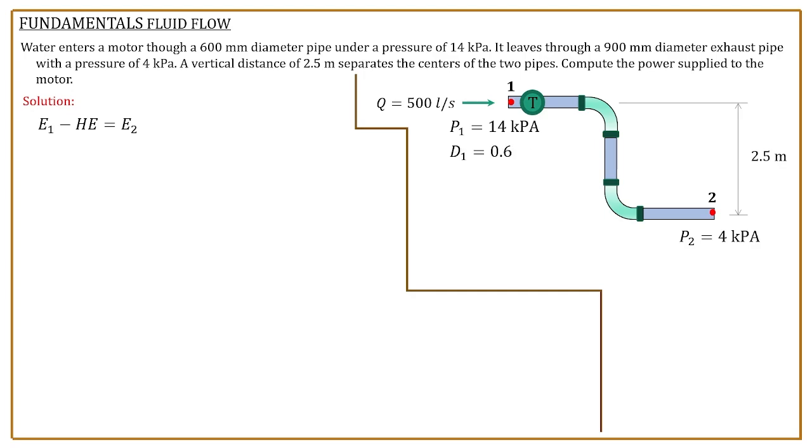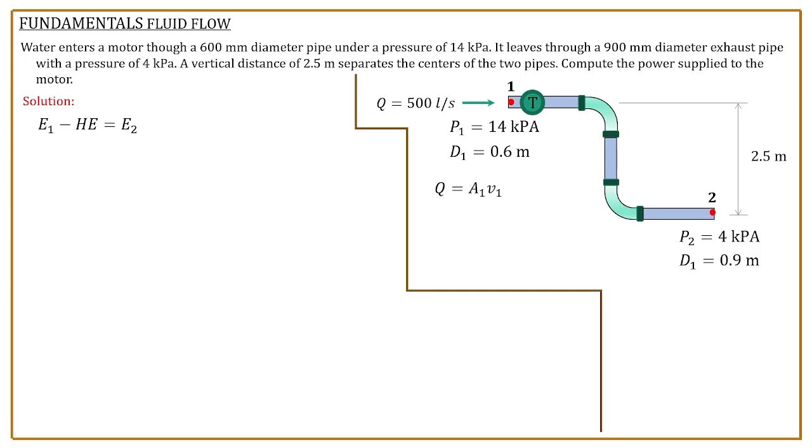The diameter of our first pipe is 0.6 meters, then our exhaust pipe is 0.9 meter. Let's find the velocity given our Q. Let's convert Q to cubic meters. Always remember that for every 1 cubic meter, we have 1,000 liters.